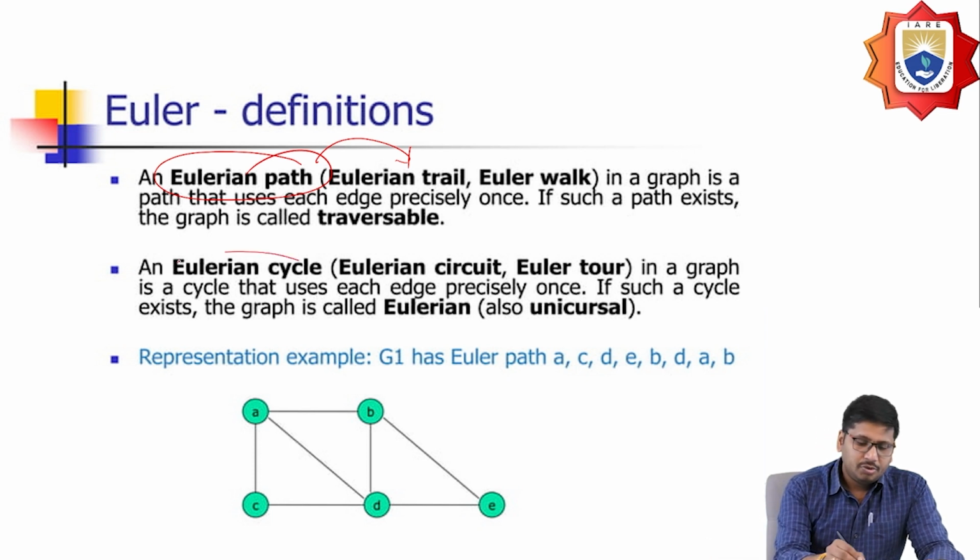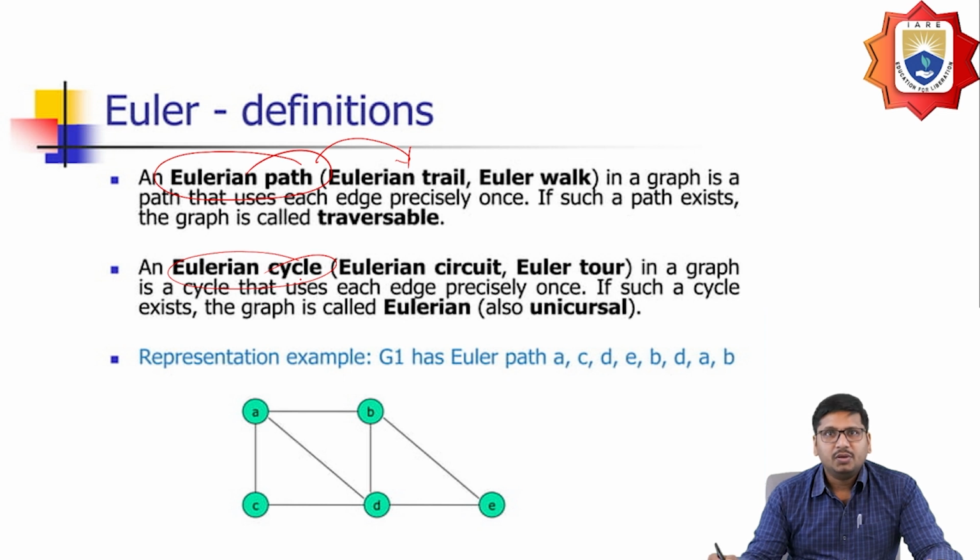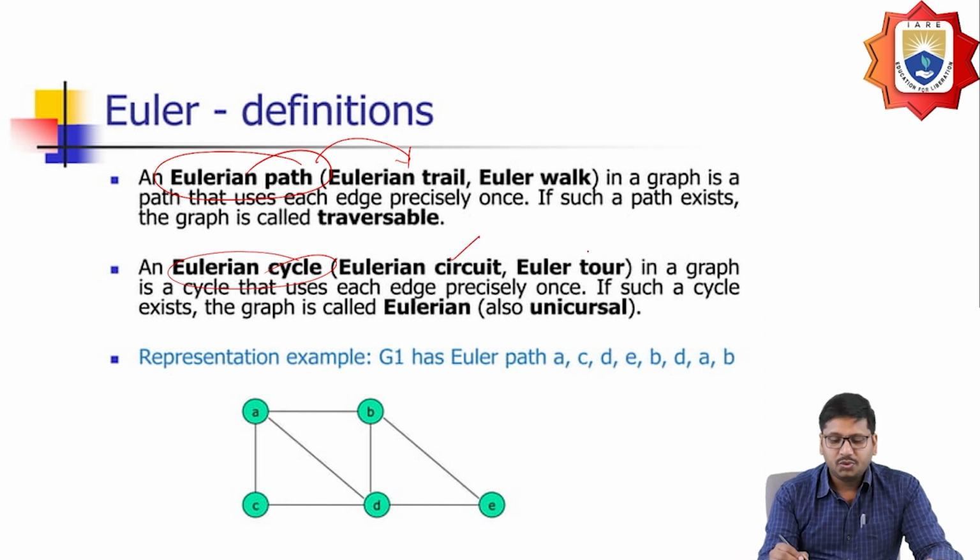Similarly, the other synonym is Eulerian cycle, also called Eulerian circuit or Euler tour, in a graph, which is a cycle that uses each edge exactly once. And if such a cycle exists, then the graph is called Eulerian.